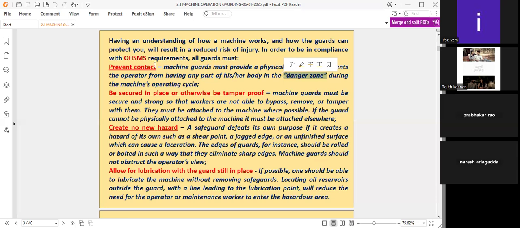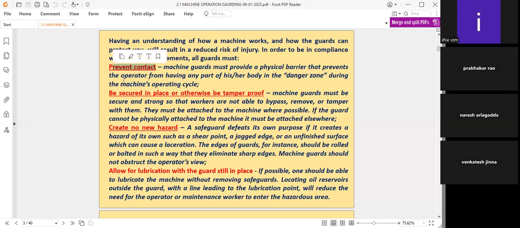The guard definitely prevents contact. One important area we have to look after is that if the guard is there, it prevents contact and saves us from hazards. The danger zone will be avoided.